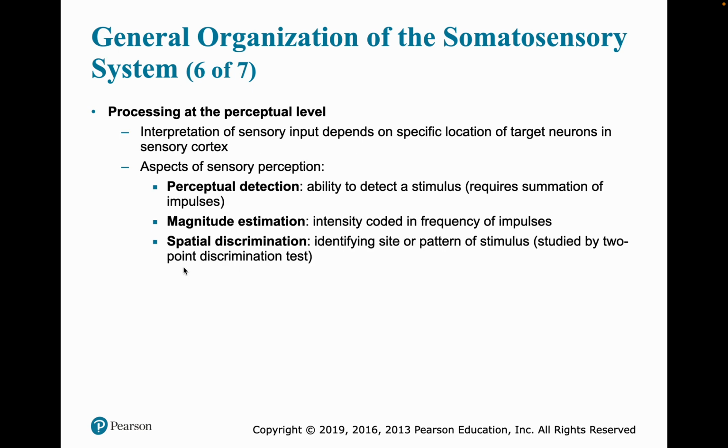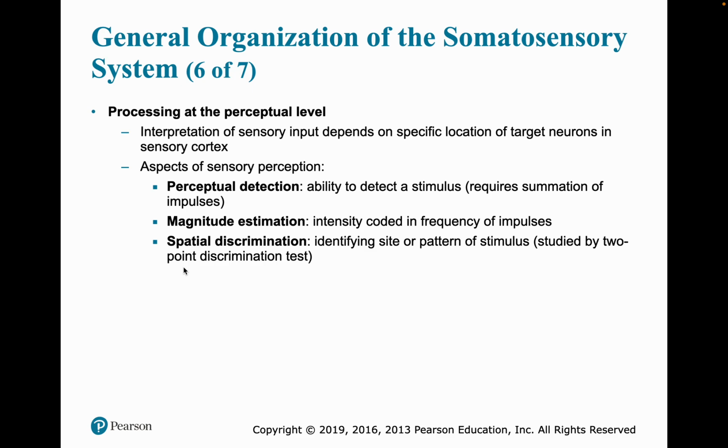And that perceptual level is the interpretation of sensory input, which depends on the specific location of target neurons in the sensory cortex. So we have some different aspects to sensory perception. Perceptual detection, the ability to detect a stimulus. That's going to require a summation of impulses. We can also make a magnitude estimation, intensity coded in the frequency of impulses.